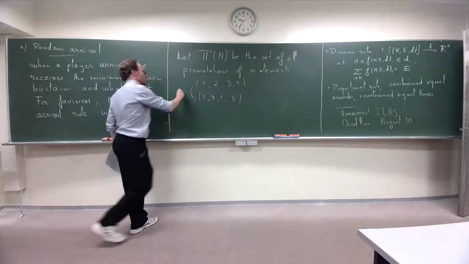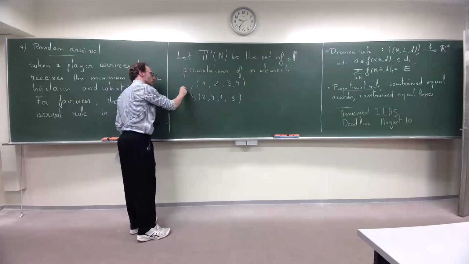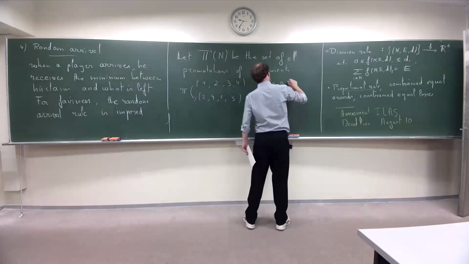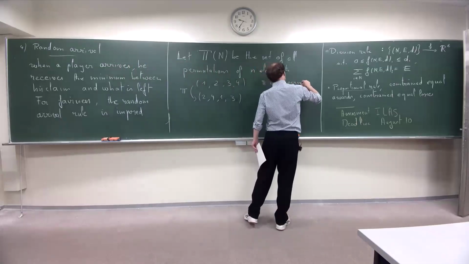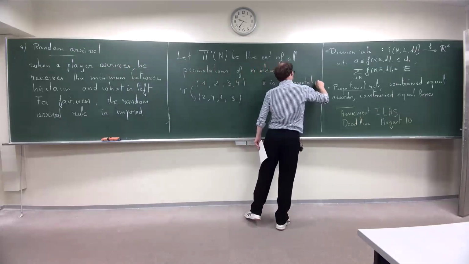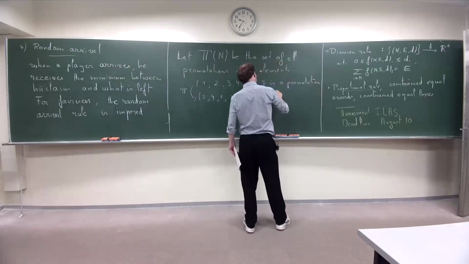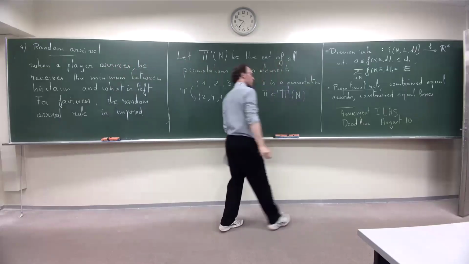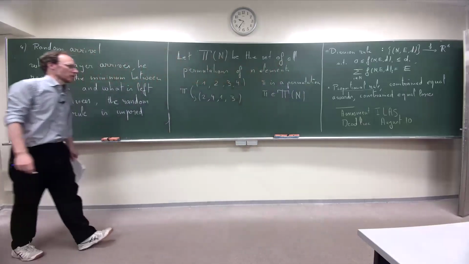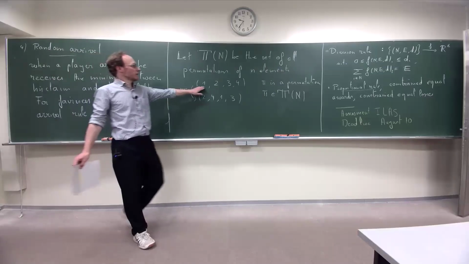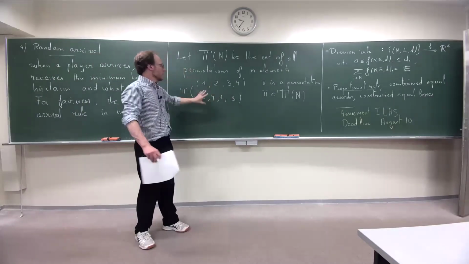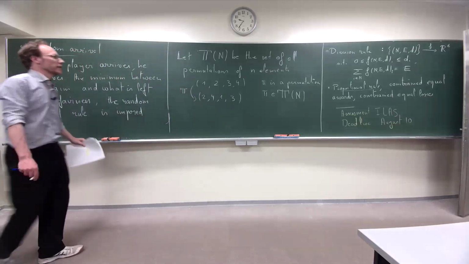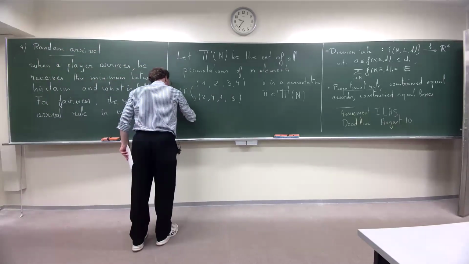So this is a permutation, and I call small p a permutation. So it means small p is an element of this capital Pi(N). It's one permutation. So you take these 4 players and randomly you change them. This is a permutation. And I need to introduce one more notation.